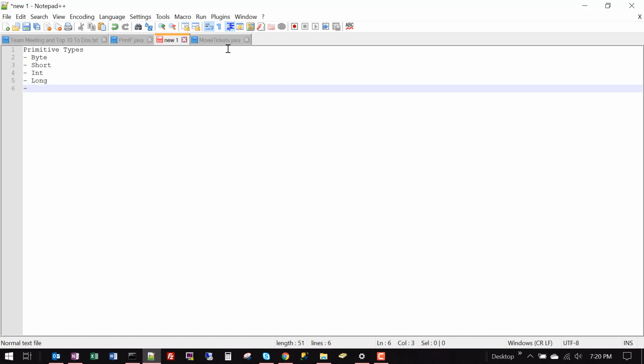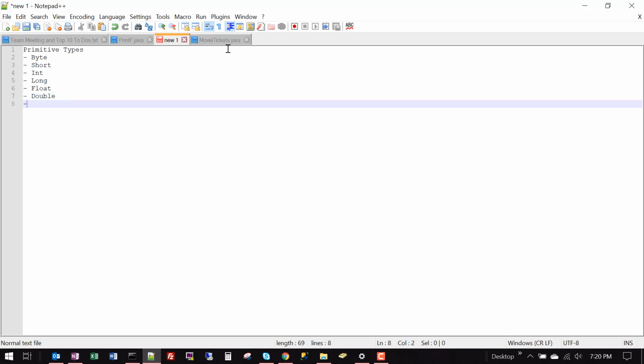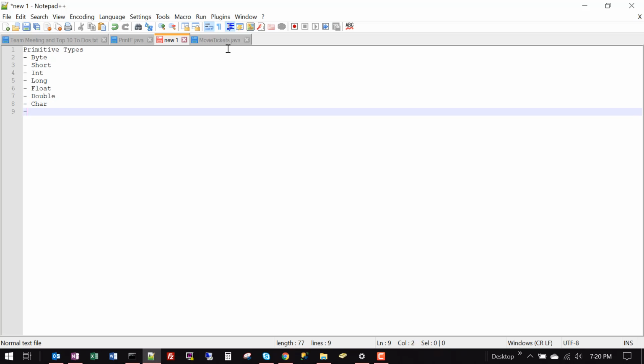We have our float and our double, and these are our floating point numeric types. And then we have something called a char, which we're going to talk a lot more in detail about, and the Boolean.